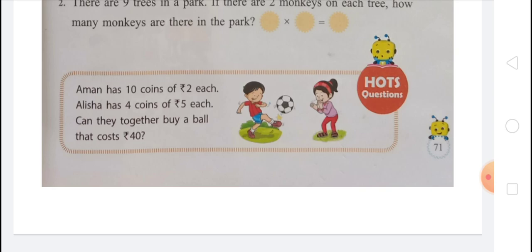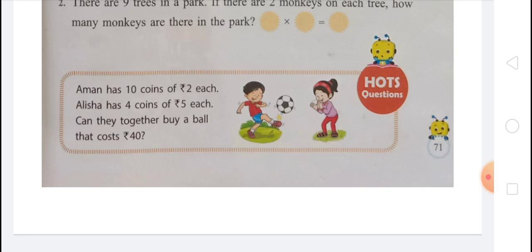So Aman has 100 rupees and Alisa has 4 coins of rupees 5 each. So she has 4 multiplied by 5. 4 is the number of coins and 5 is the value of each coin. So 4 multiplied by 5 equals 20.